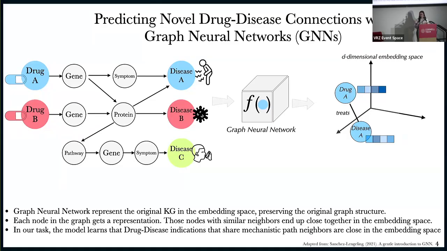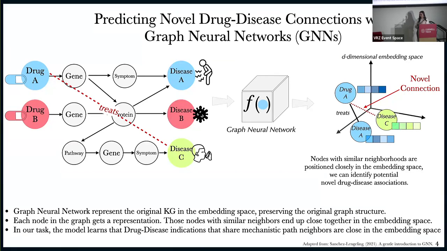And so for our task, what we expect to see is that drugs that treat a disease with the same mechanistic path should end up close together in the embedding space. And then following this principle, we can identify novel connections with diseases that have similar connections or similar mechanistic paths with drugs that we already know that they treat certain diseases.